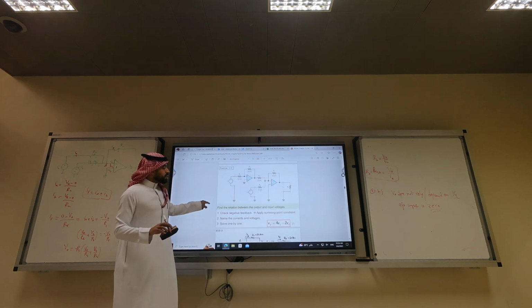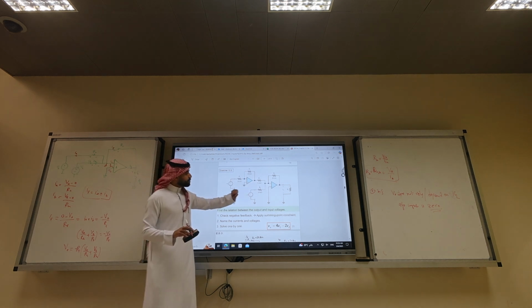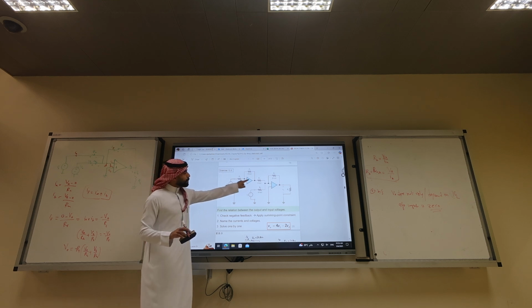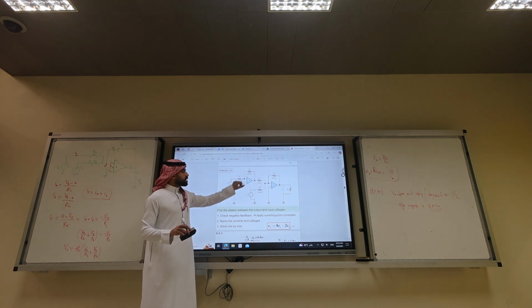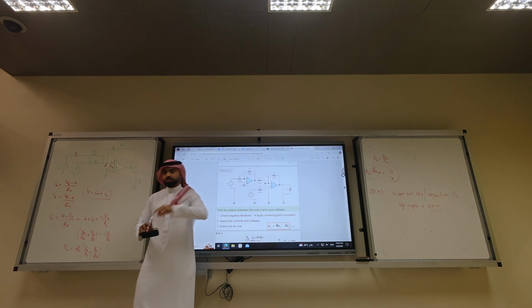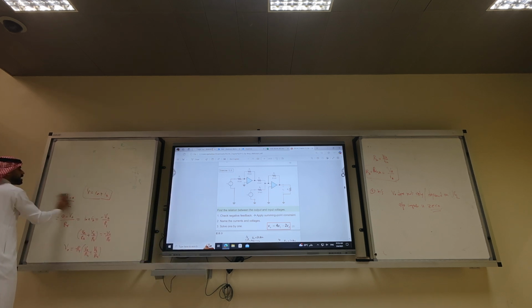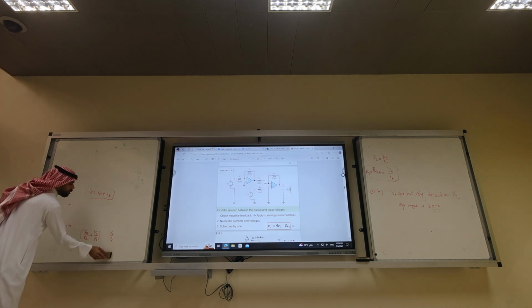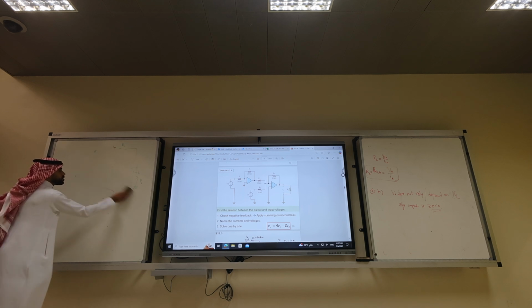Okay? Now the last example of the inverting amplifier. Up until this point, what we have is a system, right? What is that? Classical negative inverting amplifier. I'm not going to draw it on the board. Instead, we are going to have a system approach to solving such a problem, okay?